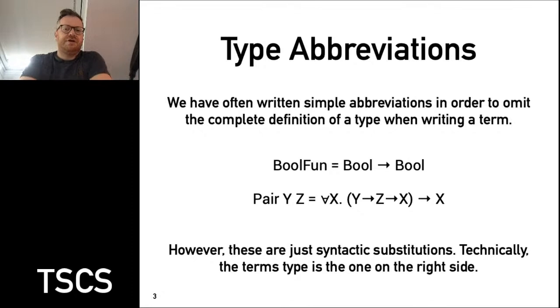So in the last lecture, I talked about polymorphic typing, and this is one instance of that. So let's have a first look at that. So that says, okay, for all x, we have as the type a function going from y to z to x and then to x.